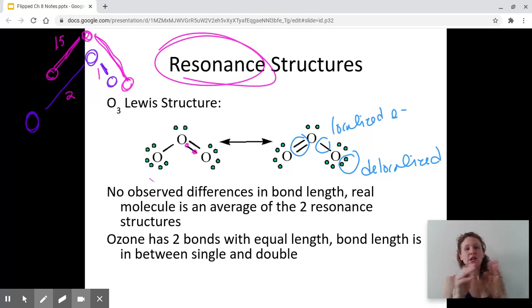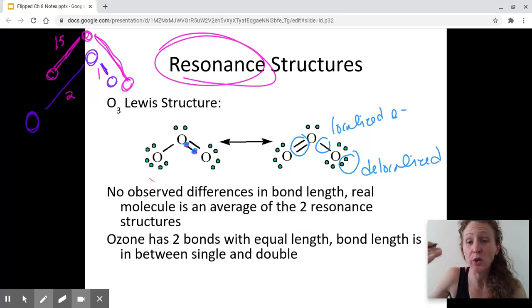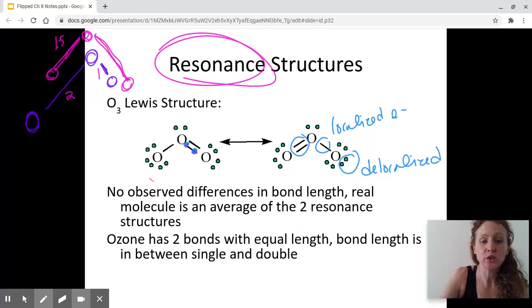So that's what this model is built off of: two different types of electrons, localized, which we find in the bonding region, and delocalized, which we do not find in the bonding region. But here's the deal. These two electrons that should be localized actually are not. These two electrons can actually move in between these two bonding regions.